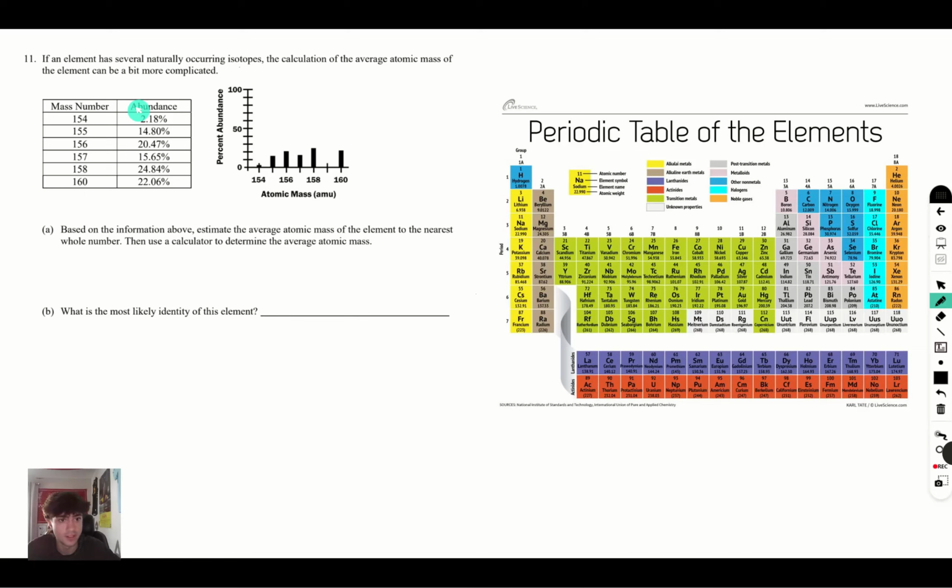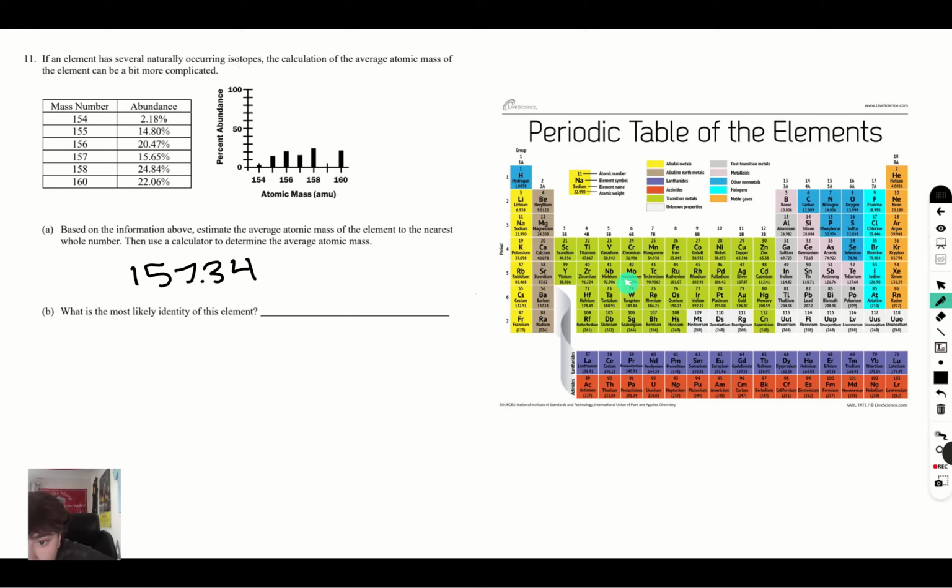And then finally you add 0.2206 times 160. And this gives you 157.34. There you go. And now, once again, what is the most likely identity of this element?